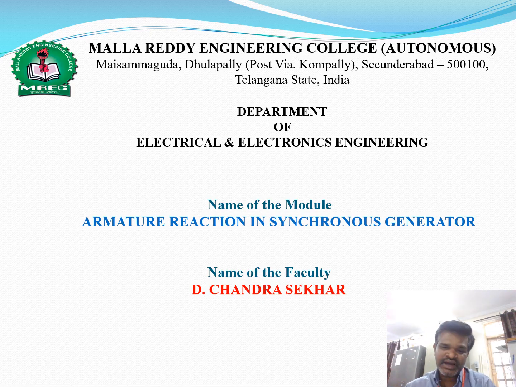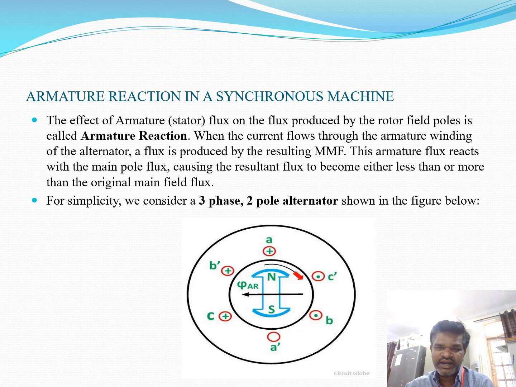Now we will see this armature reaction in synchronous generators for different power factors. So the armature flux and the main magnetic flux produced by the rotor field poles. When the current flows through the armature winding of the alternator, a flux is produced.